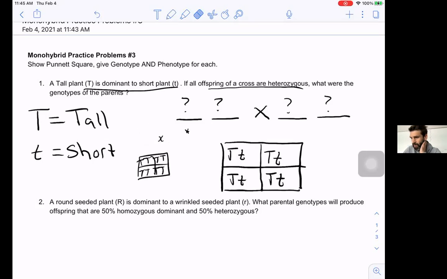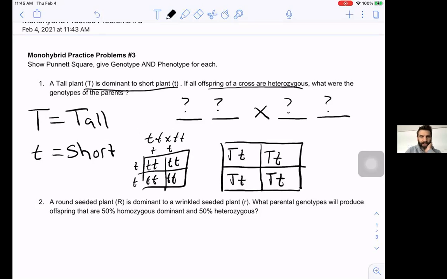I know that's not right. Well, what about homozygous recessive? Same thing there. This would be little t, little t, little t, little t. All of those are going to be homozygous recessive. That's not going to work either. So a little bit of this is trial and error.